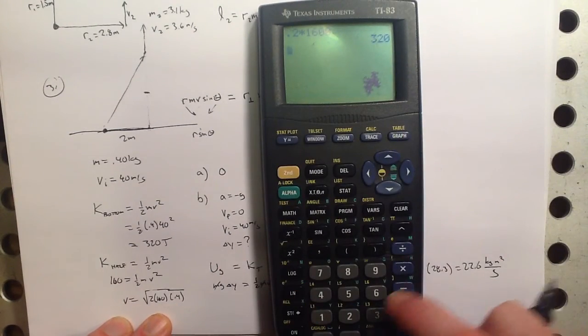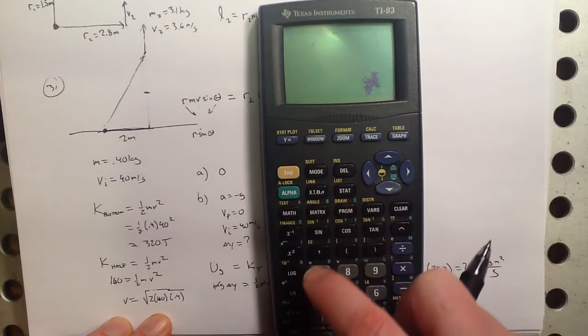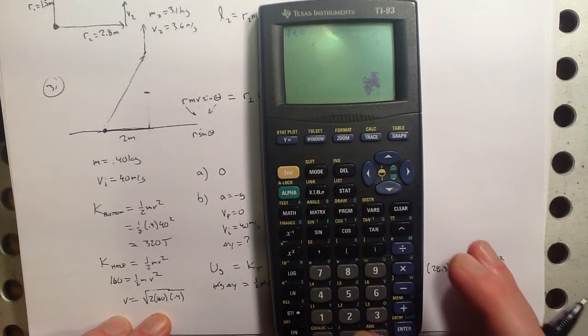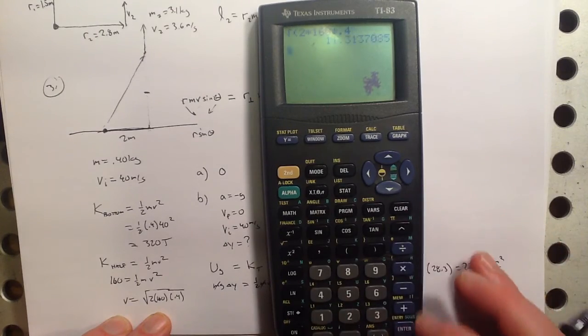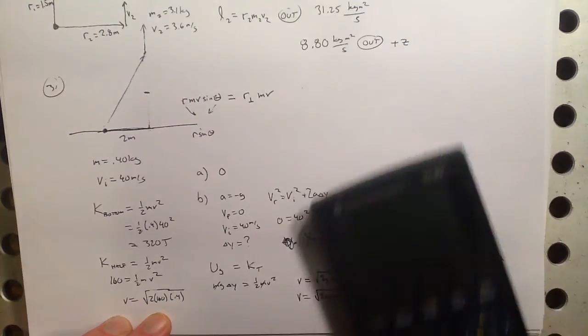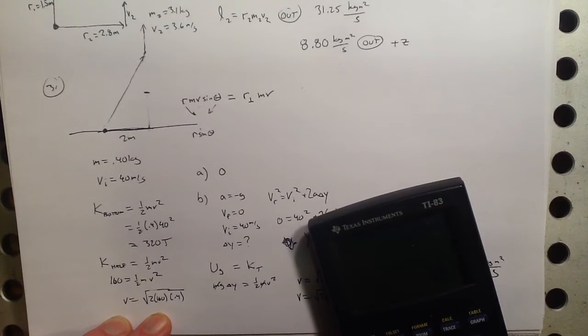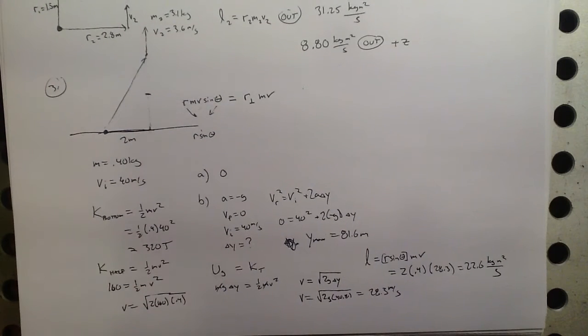I sure do hope we get the same answer here. Let's see, the square root of 2 times 160 times 0.4 is not the same answer. Dang it. Somewhere I did something wrong.